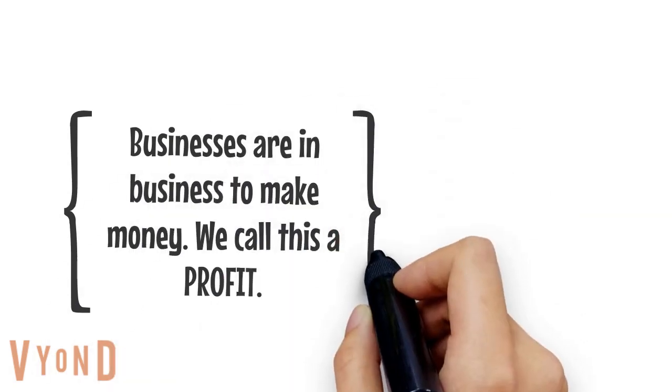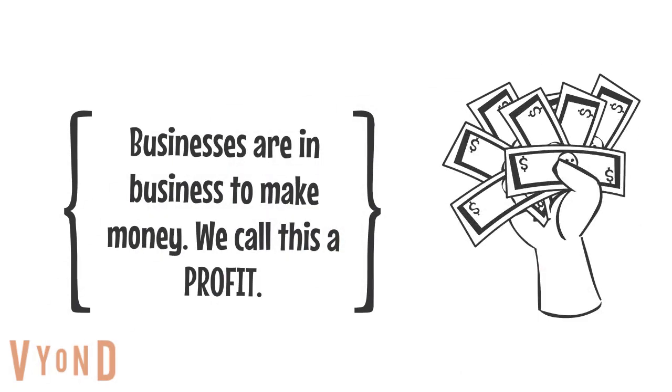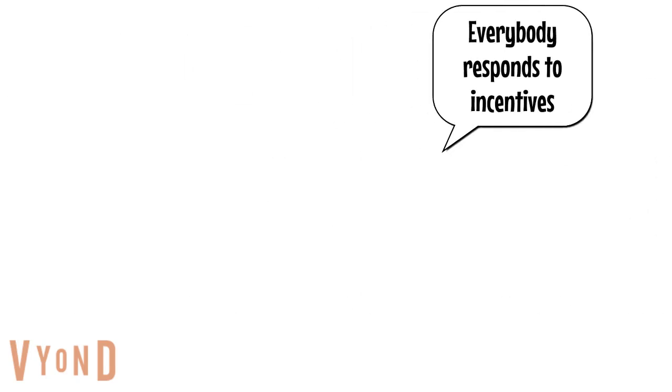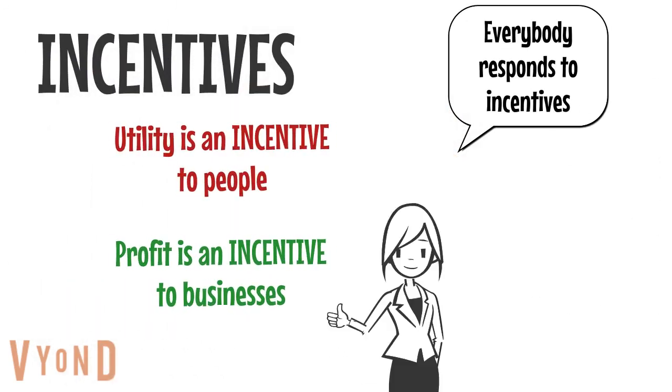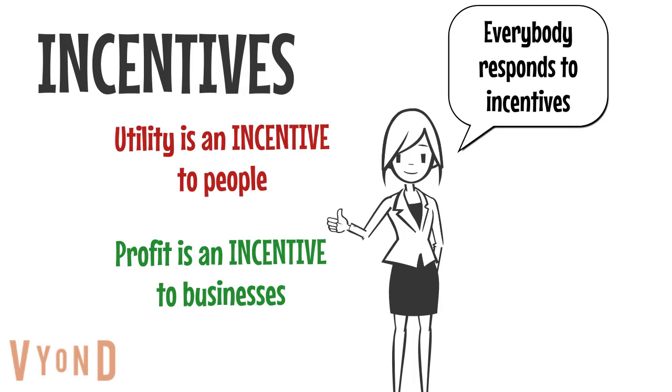So we believe that businesses are out there trying to maximize how much money they make. That's called profit. We believe that consumers are out there trying to maximize their utility, and businesses are out there trying to maximize their profit. All told, the key to economic behavior is what we call incentives.